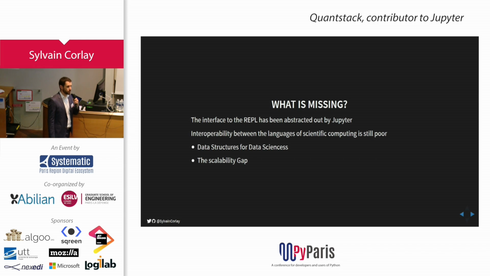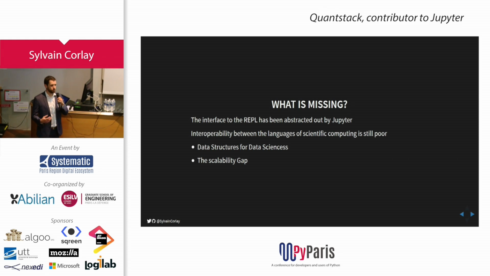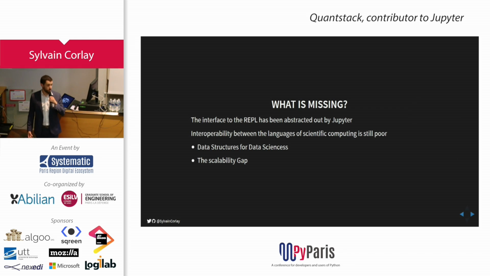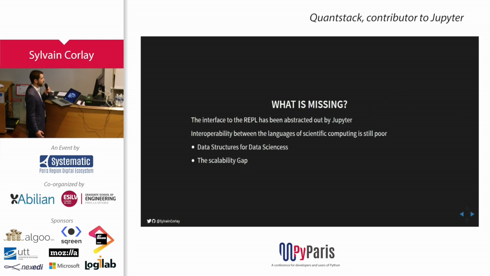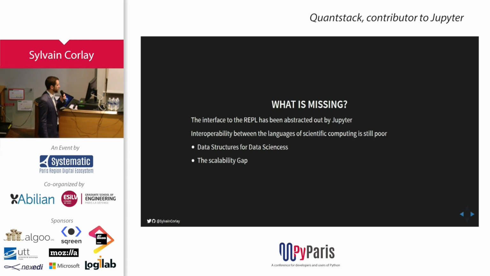A data frame in R is not the same thing as a data frame in Python, and it's very difficult to make them work well together, even though they correspond to roughly the same concept. They have very different semantics, serialization formats, and everything. So we really need to converge on those and have a common native implementation of the data structures for data science. Another thing that is really a problem is the scalability gap.